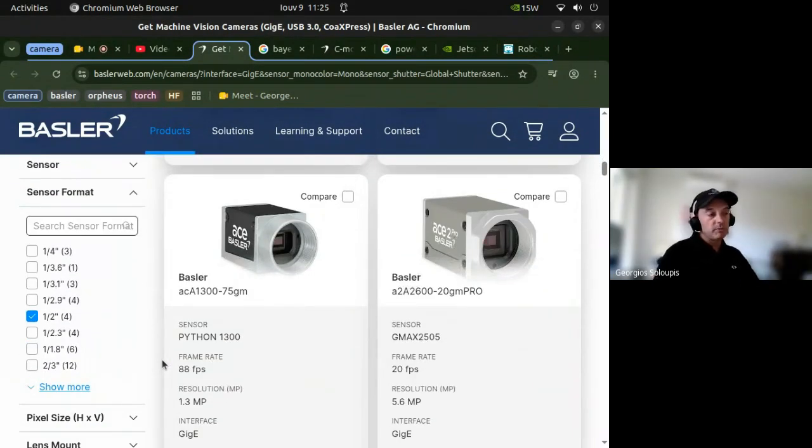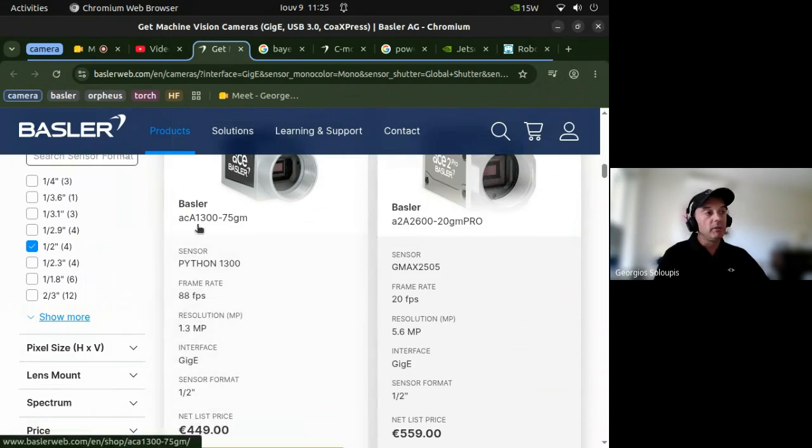For this proof of concept, we decided to go with the Basler ACA 130075 GM monochrome. At full resolution it has 88 frames per second. It has a LAN connection, and the sensor is half-inch. It's pretty good for our proof of concept, not very small, not very large, and it captures a lot of information, giving a high resolution of 1280 by 1080 at this frame rate.